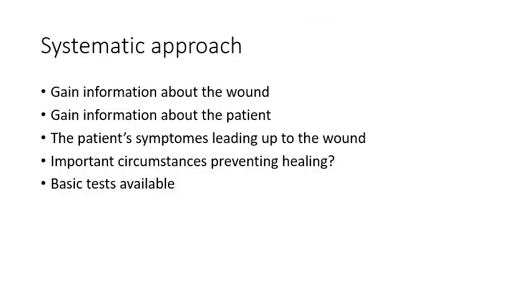So let's look at the systematic approach. This is really important and should be done in any patient that comes in with a wound. We're going to first gain information about the wound itself, then about the patient. What the patient brings to this in terms of age and comorbidity and so on is really important to give us a clue as to how probable it is that we will get this wound to heal up.